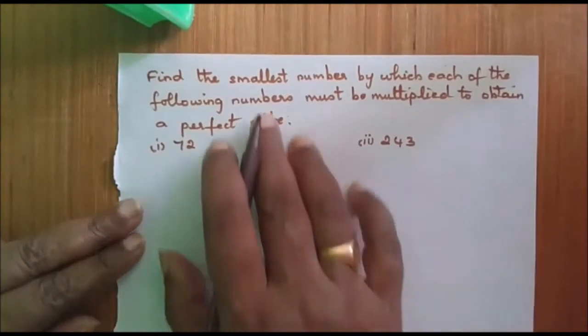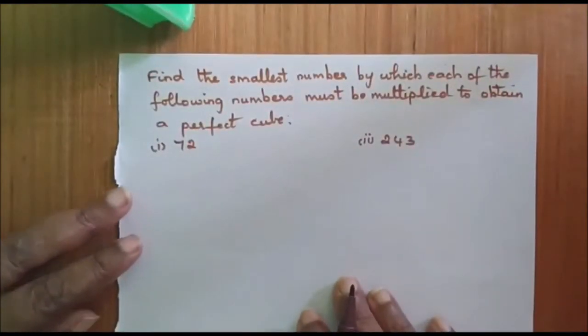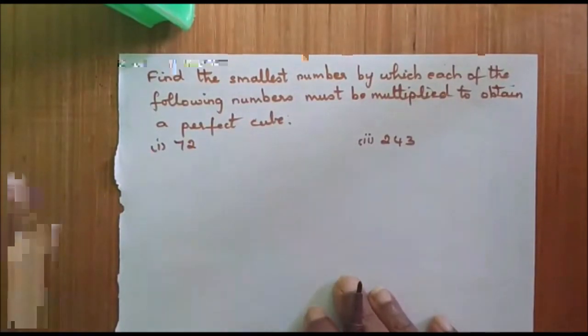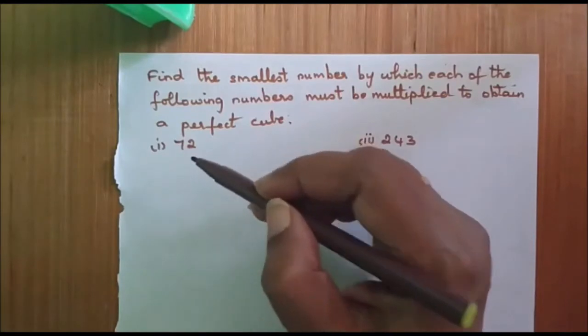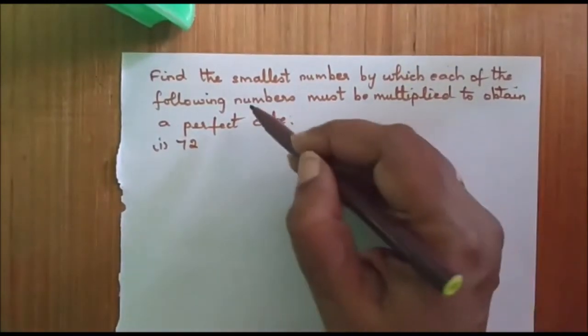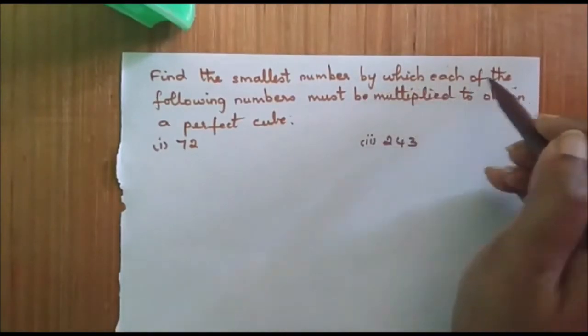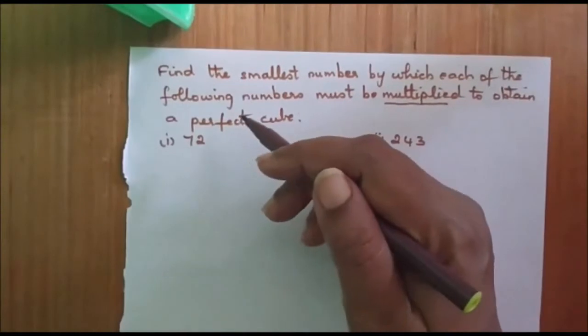Find the smallest number by which each of the following numbers must be multiplied to obtain a perfect cube. What do they ask? To make 72 into a perfect cube, what is the smallest number by which we should multiply so that it becomes a perfect cube?